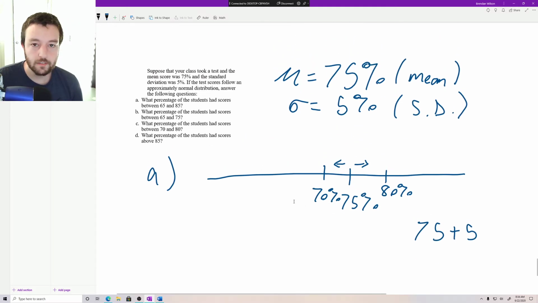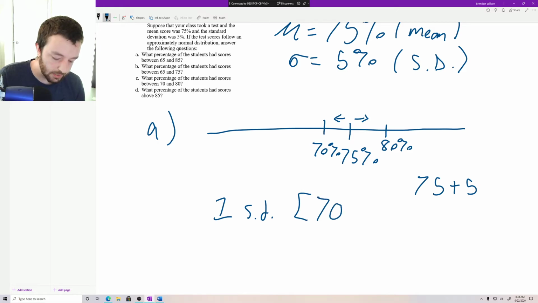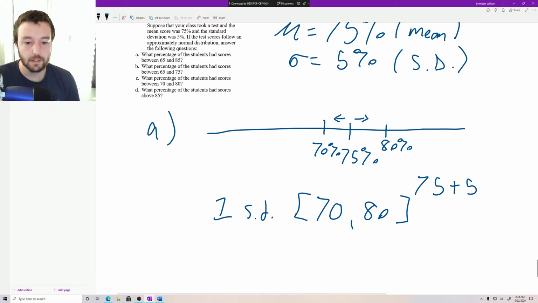So one standard deviation away, let's say one standard deviation is between 70 and 80%. Okay. Because we're just moving 5 in both directions. So we're moving 5 spaces. If we wanted to move 2 standard deviations, well, 2 standard deviations would be 10%, right?